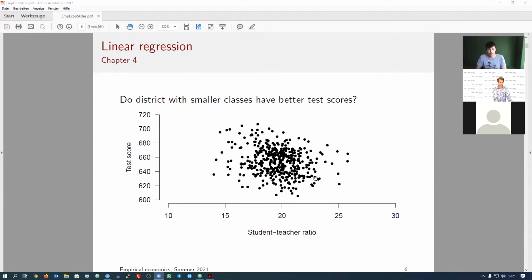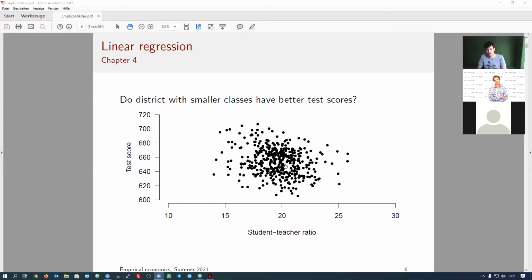Let's have a graphical look at our data set. That's something we've already seen last week. We see this cloud of points, the scatter plot. And as you can see, there might be a slightly negative association between the student-teacher ratio on our x-axis and the test score on the y-axis.